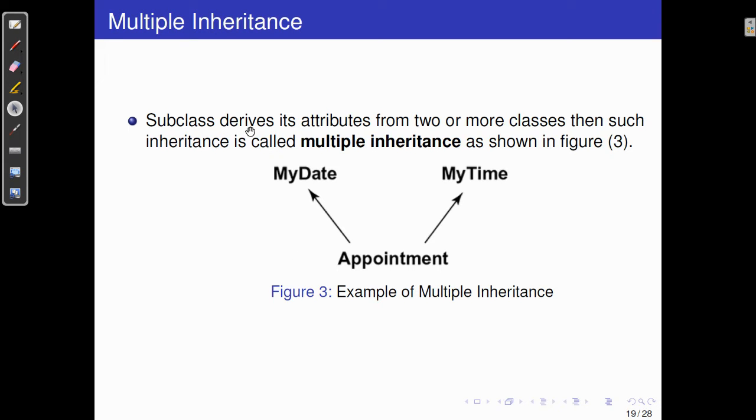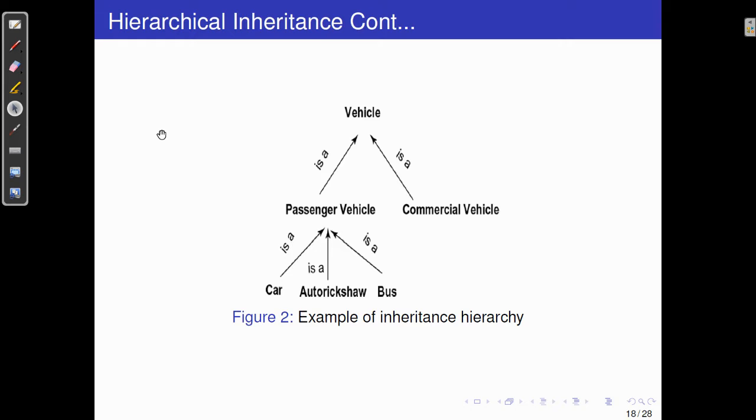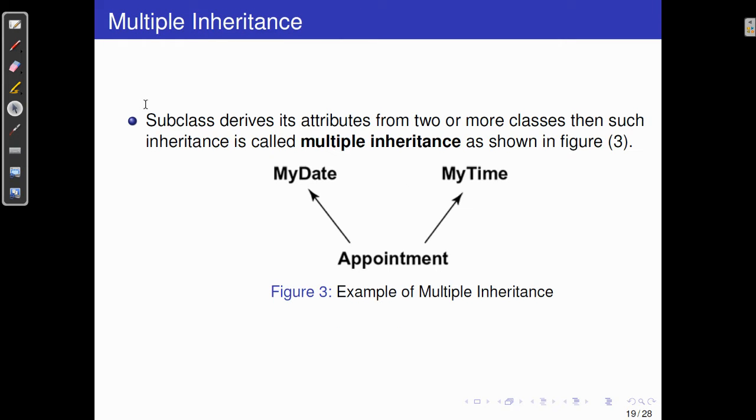So subclass derives its attributes from two or more classes. Then such inheritance is called multiple inheritance. Okay, so subclass means derived class. So derived class derives its attributes from two or more classes. Then such inheritance is called multiple inheritance, as shown in figure.